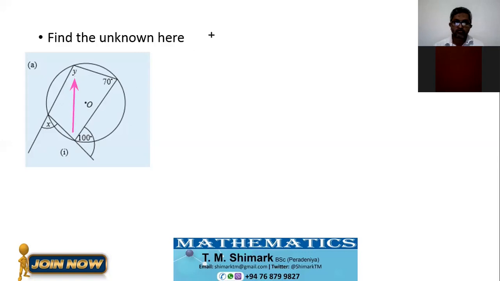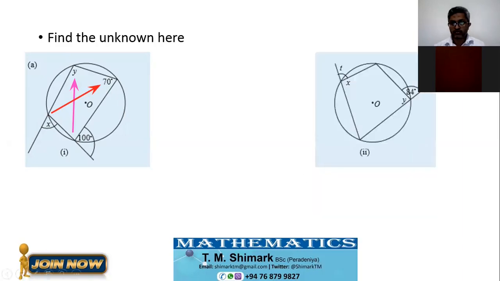And also we can see that this side is produced and x is the exterior angle made. The interior opposite angle for that is 70. So x is 70 and y is 100. Very clear for us, right? It's not difficult, as I said.